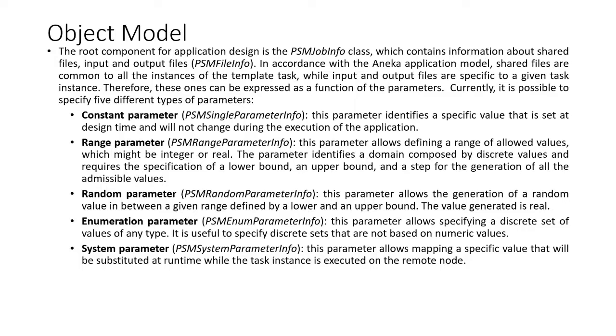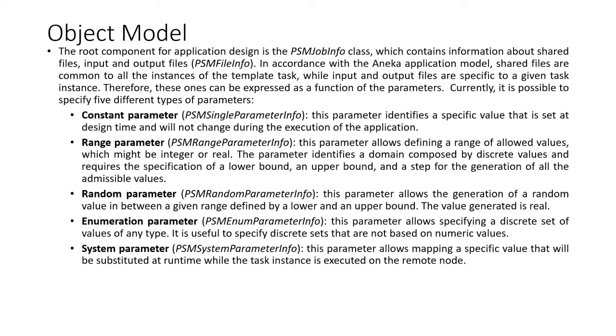Currently, it is possible to specify 5 different types of parameters. First one is constant parameter, range parameter, random parameter, enumeration parameter, and system parameter. Constant parameter. This parameter identifies a specific value that is set at design time and will not change during the execution of application.